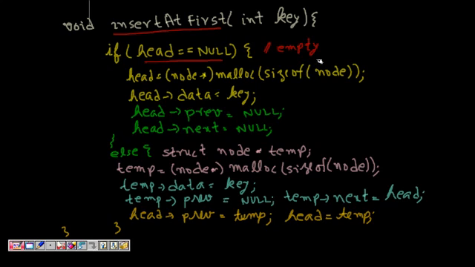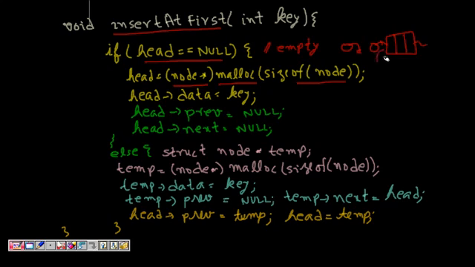Then we make head itself point to a memory location that we get by calling the malloc function. Malloc is basically for memory allocation, and we ask for a memory of size of struct node that we saw. It returns a memory of void star, so we typecast it to node star type. Now our list head was like this, and it becomes something like this.